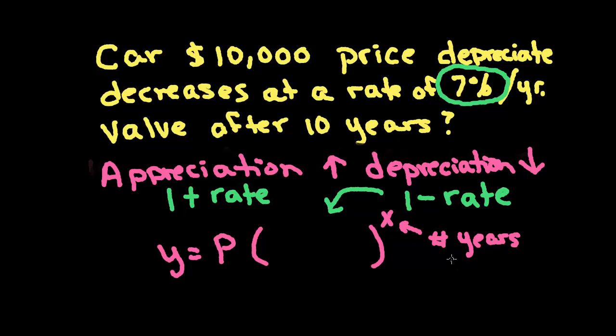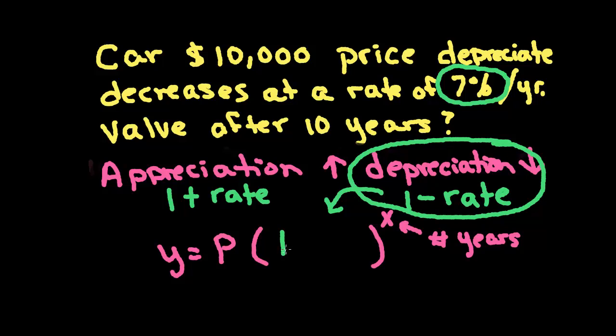But generally, for now, we're just going to say the number of years. In this case, because we are looking at depreciation, we want 1 minus the interest rate. So we're going to put in here 1 minus r. That becomes the formula that we use.